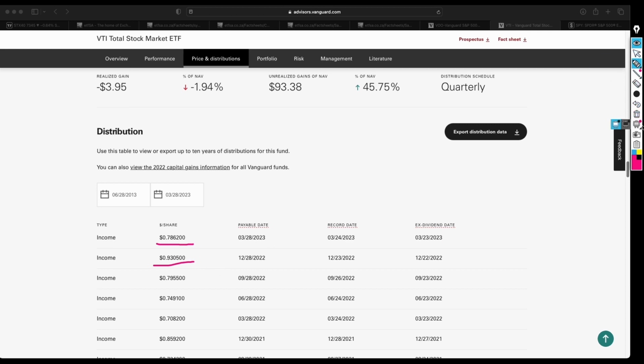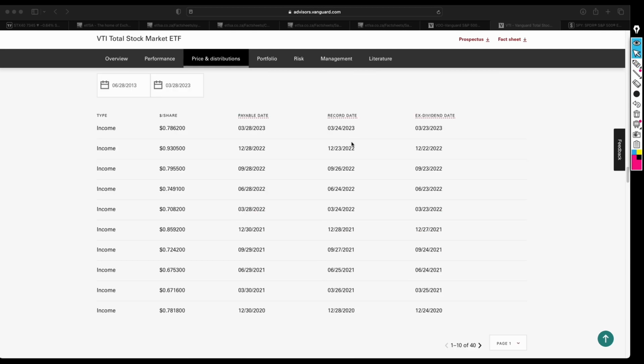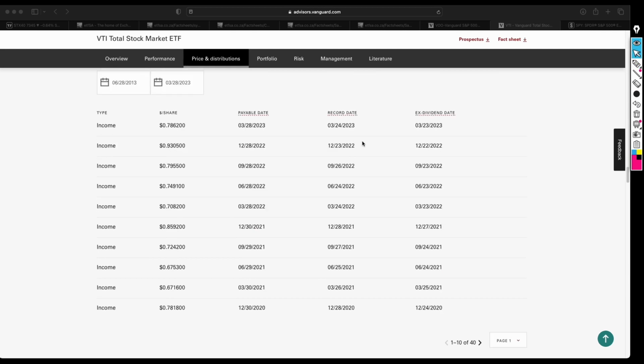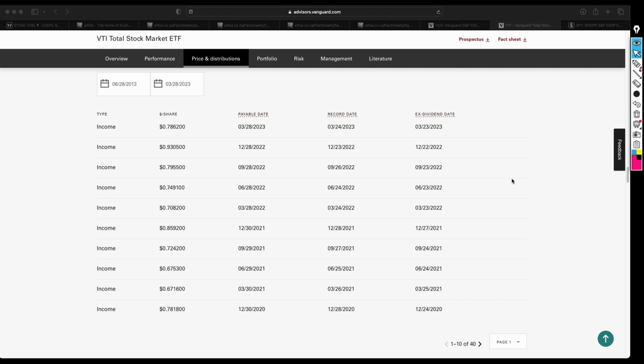Overall, all these ETFs will be paying you a quarterly distribution. Remember, the Satrix are priced in rands, while the Vanguard and the SPDR are priced in US dollars.